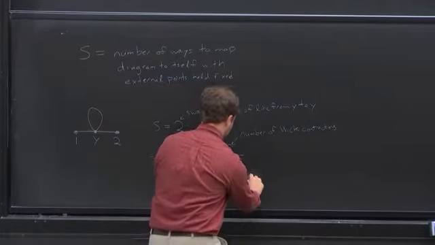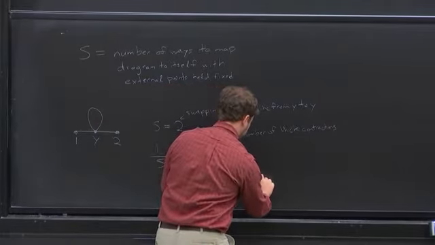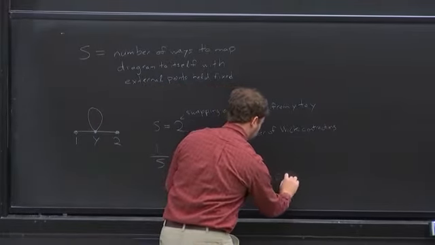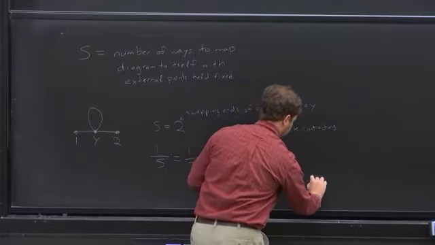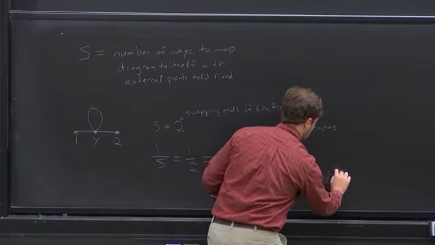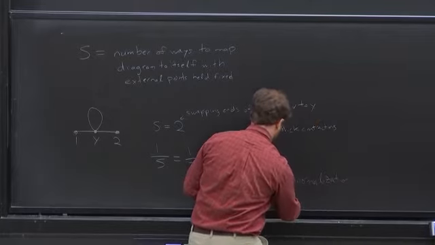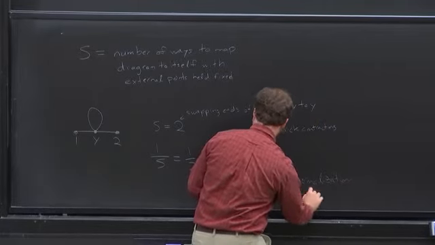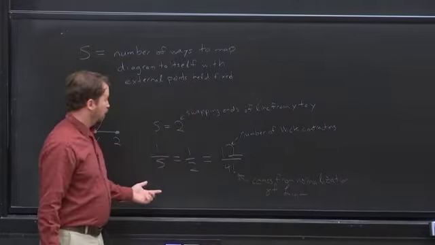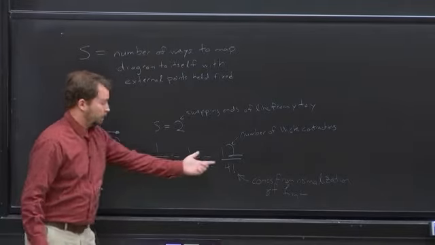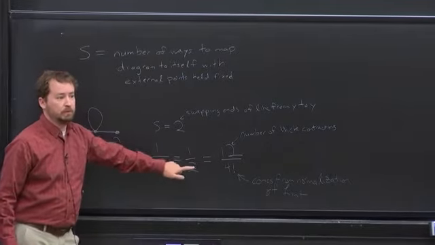And this 4 factorial comes from the normalization of the interaction Lagrangian. And the claim, although I'm not going to prove it, is that these two ways of counting are always the same.